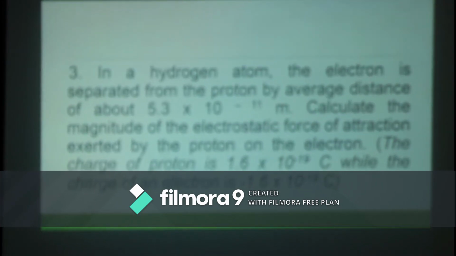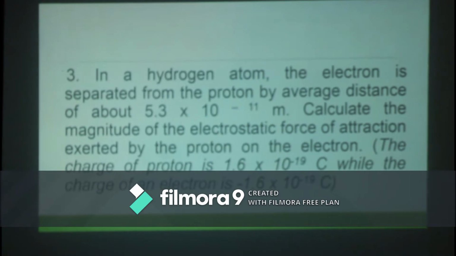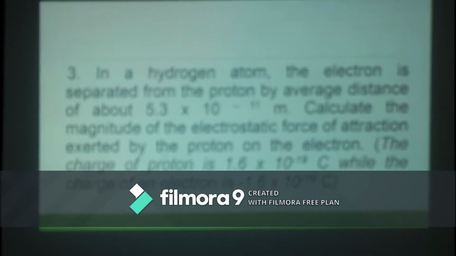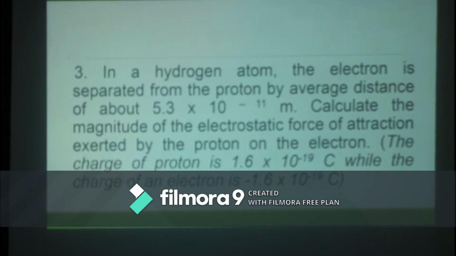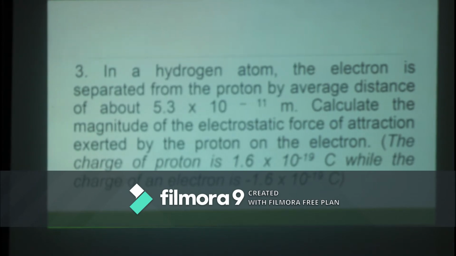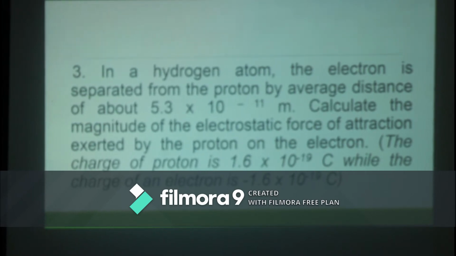Now calculate the magnitude of the electrostatic force of attraction exerted by the proton on the electron. The charge of the proton is 1.6 times 10 raised to negative 19 coulomb, while the charge of an electron is negative 1.6 times 10 raised to negative 19 coulomb.